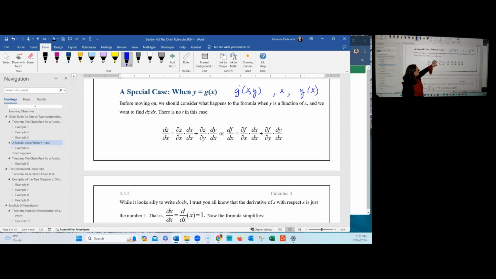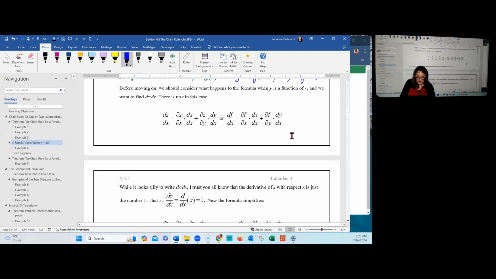Now, it may look funny to write dx dx, but what it means, of course, is actually the derivative of x with respect to x. In other words, if you look at this notation down here, where I've pulled what was in the numerator down to the line, it makes it more clear that we're applying the derivative operation with respect to x to the function y equal x, and the derivative of x is just 1.